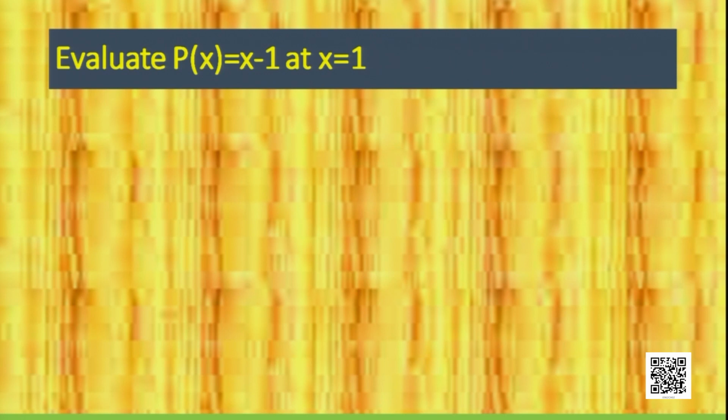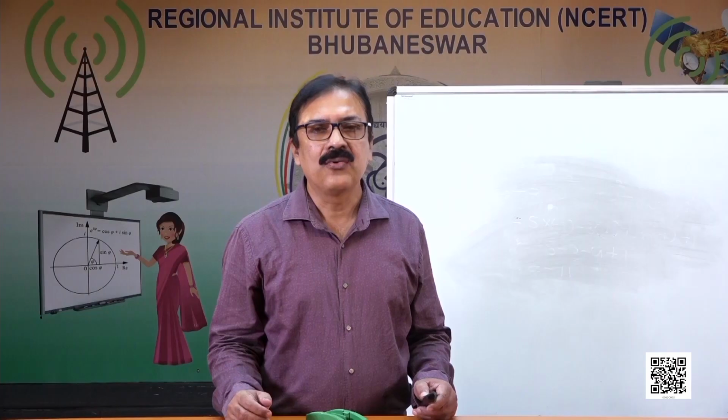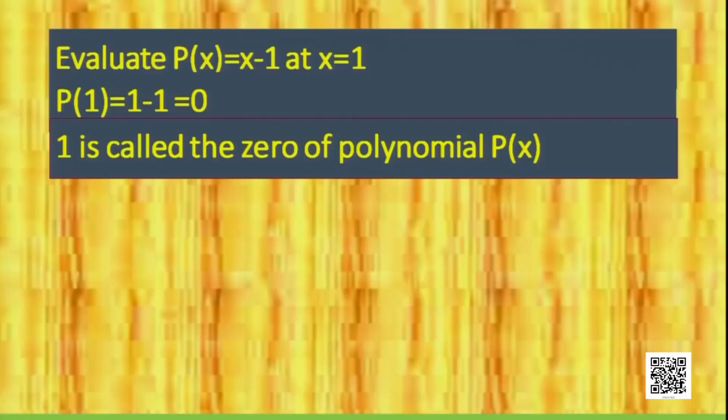So again you see we can write this as p(1). In place of x, if we write 1, so this becomes 1 minus 1, which is 0. So here for x is equal to 1, the value of polynomial is 0. So we can call that 1 is the 0 of polynomial p(x).